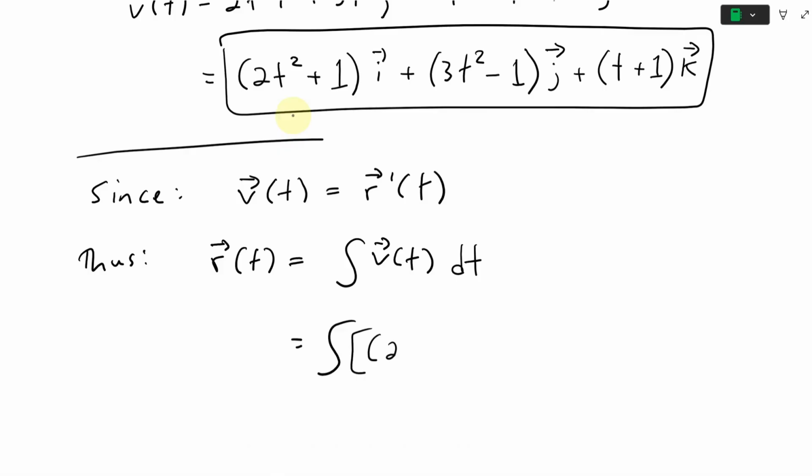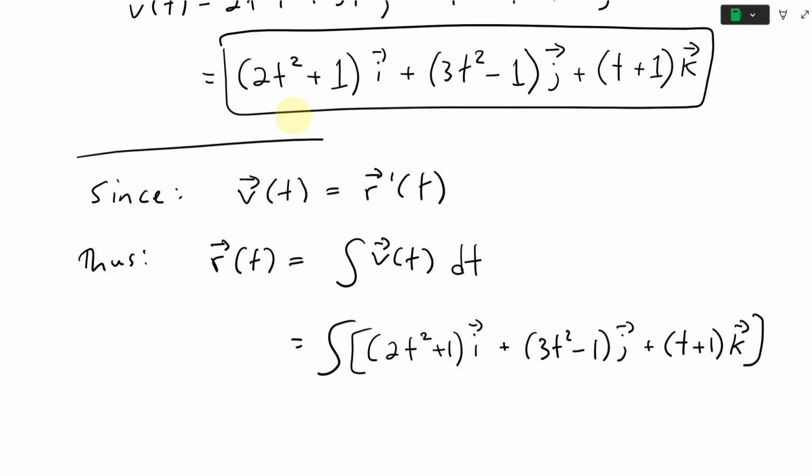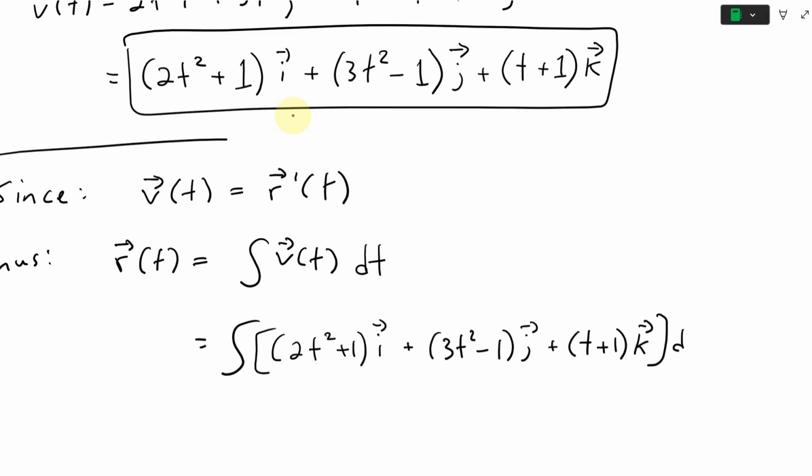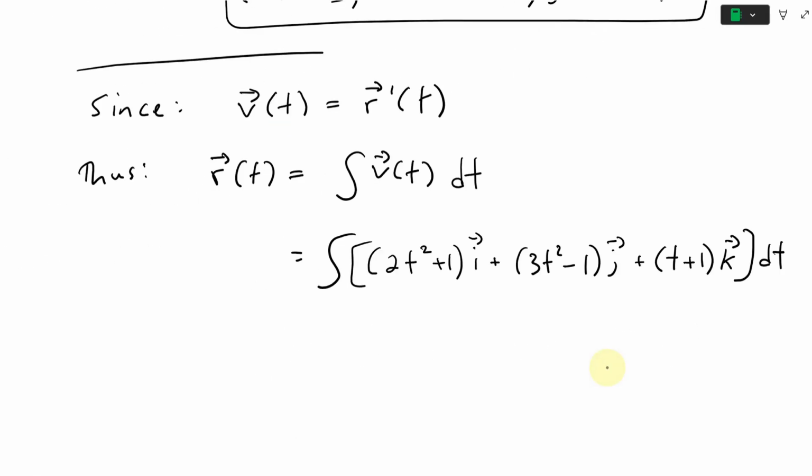Now we have 2t squared plus 1, and this is the i component, and then plus 3t squared minus 1, this is the j component, and then plus 2t plus 1, the k component, and then put this whole thing in brackets with dt, like that. Now let's evaluate the integral of each component.